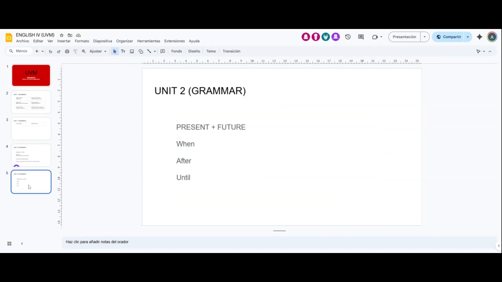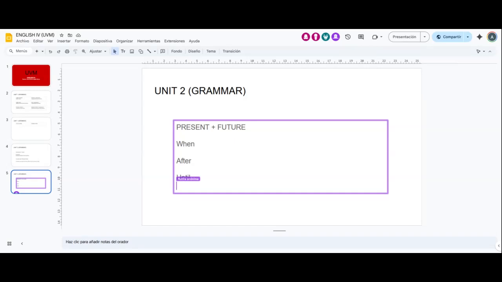Let's go with the next exercise, so we can go to the presentation. When, after, and until. Again, remember the combination of the verbs. Damaris, help me with when. Maria, help me with after, and Junwen, help me with until. You have there the combination present plus future, but in which case do we use present, and in which case do we use future? Which is going to be very easy because we have, remember, two sentences.